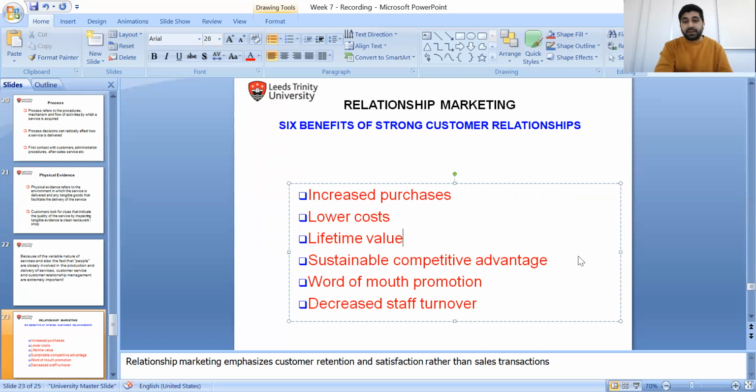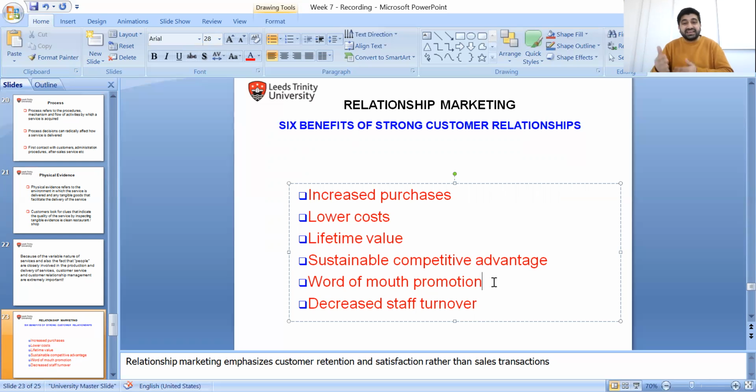Sustainable competitive advantage. If your customer is happy with you, if you have maintained a relationship with your customers, your sales will increase, you will get competitive advantage within the market, and you will sustain your competitive advantage. Also, word of mouth promotion. If you make a relationship with a customer, that customer will support you and will discuss your business with his family or friends.